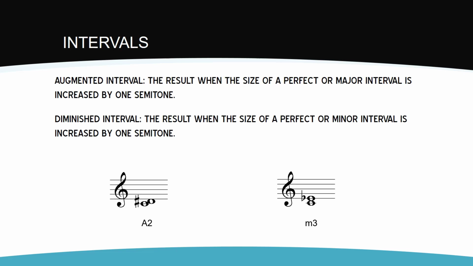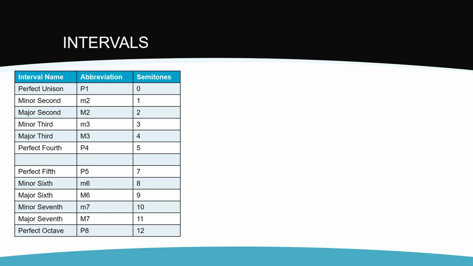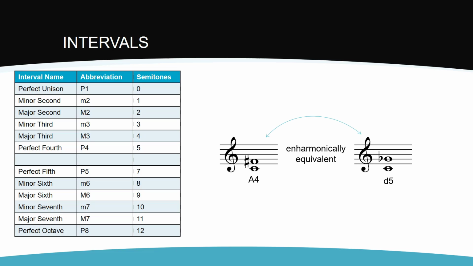In the Middle Ages, augmented and diminished intervals were to be avoided. They were considered unpleasing to the ear and difficult to sing. One interval in particular, the augmented fourth, and harmonically the diminished fifth, was known as the Diabolus in Musica, or the devil in music, because it was so discordant.